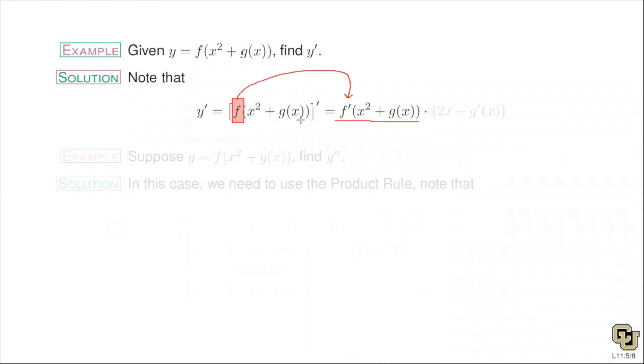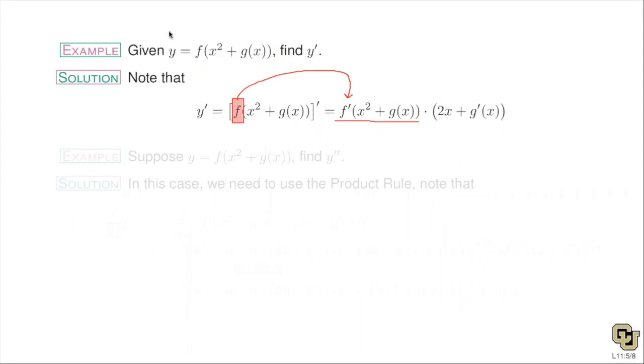We're taking the derivative of x squared plus g of x. We've reset. This is like a new derivative problem. So I say to myself, oh, this is a sum. And the derivative of the sum is the sum of the derivatives, right? So here I can take the derivative of x squared plus the derivative of g. The derivative of x squared is 2x.